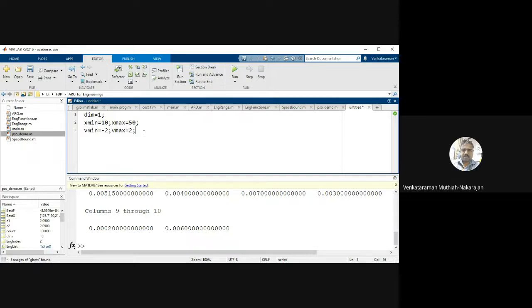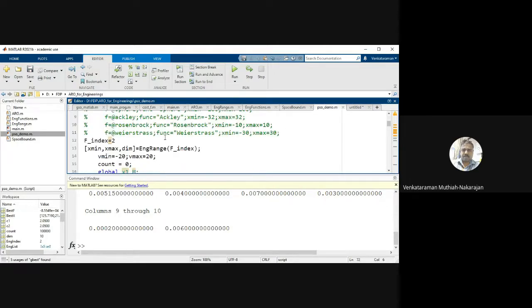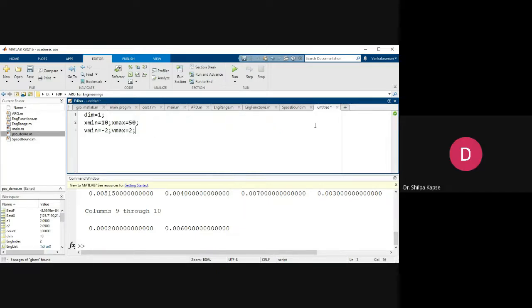With this, you need to write a separate function for your overall formula. You have to write it as a separate subroutine. And the remaining part of the PSO code, you can use directly as it is, meaning x min, x max, and dimension. Dimension is one.